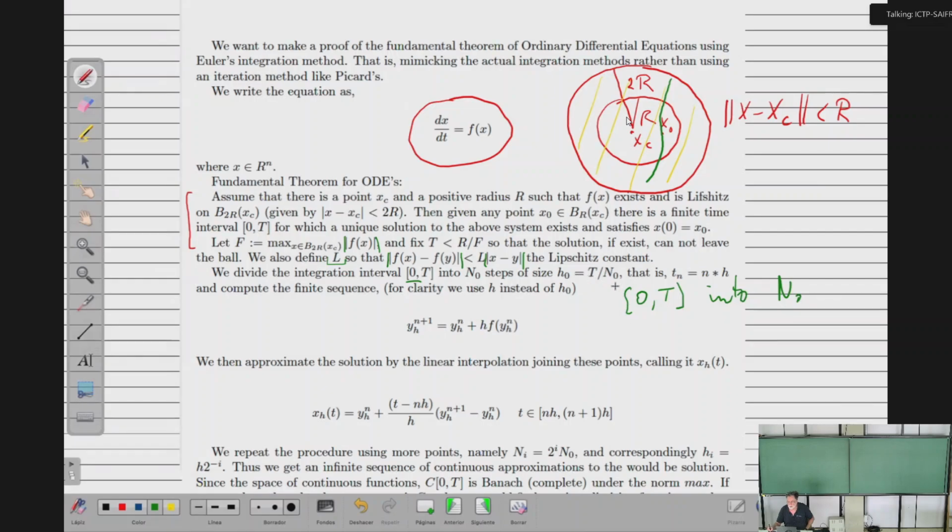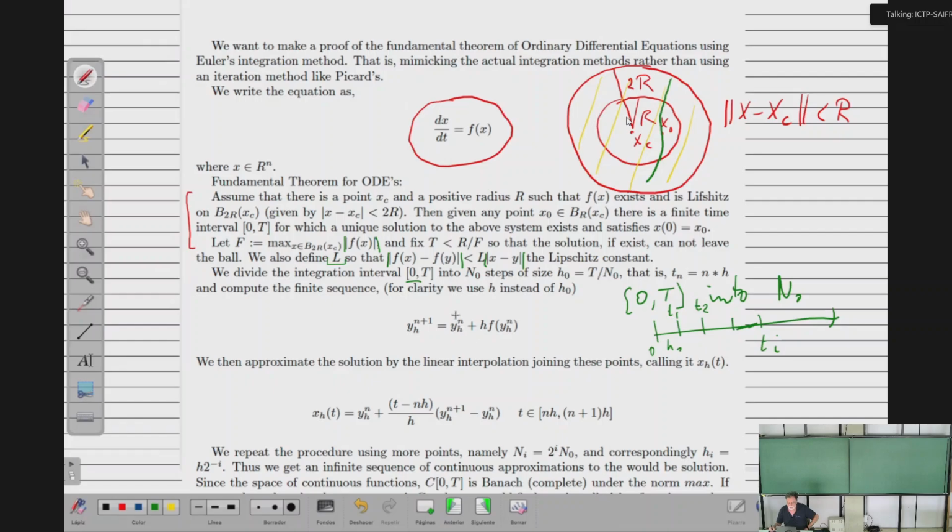So we cover this interval with this is t0, this is t1, this is t2, etc. And the distance between these two is h0, which is t over n0. So these times are t1, t2, etc., ti, and this distance is h.